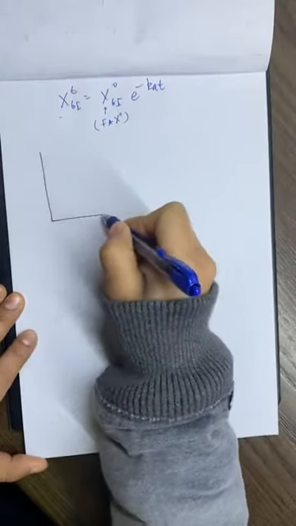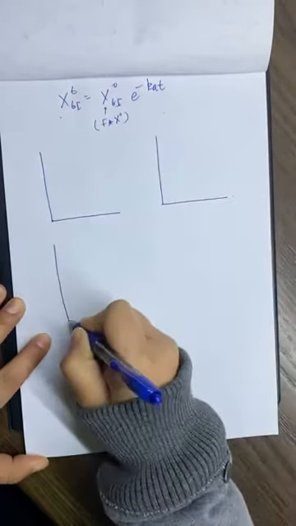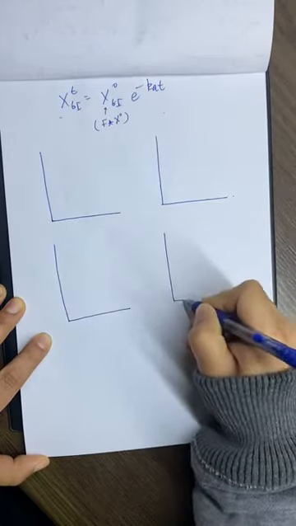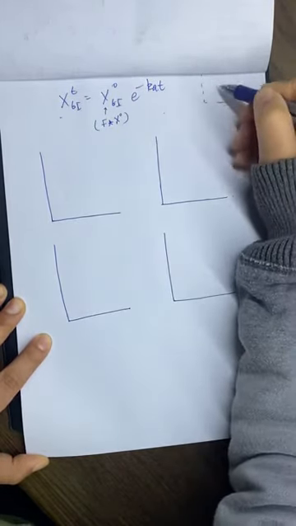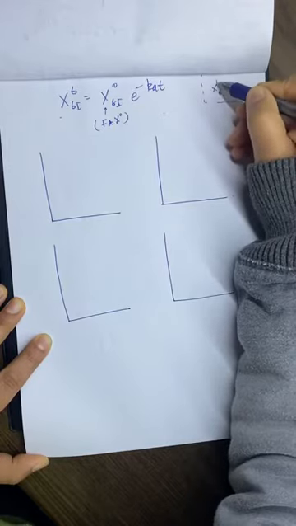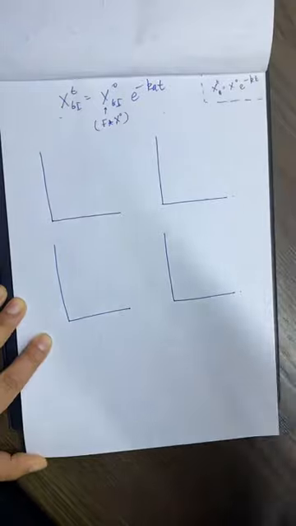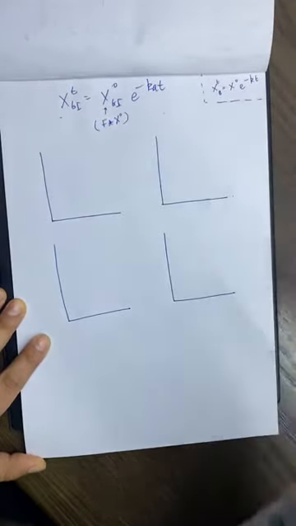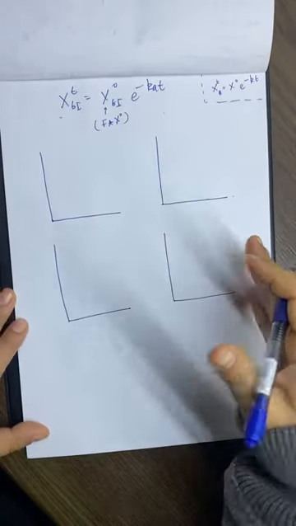Can I draw it or determine it according to whatever you know earlier? It's similar to whatever you had before. Again, side note: X_b at a certain time equals X naught e to the minus K times time. We had this earlier and we were able to draw it in our four graphs or diagrams.